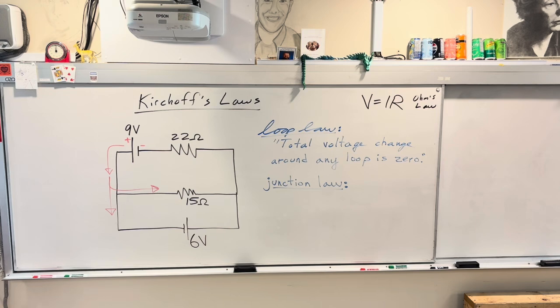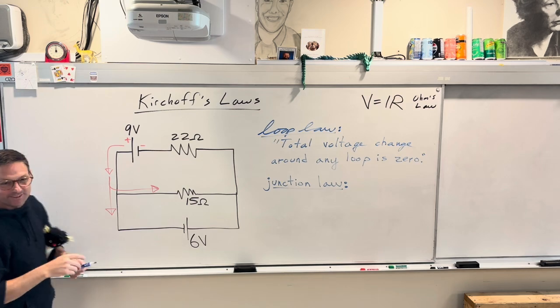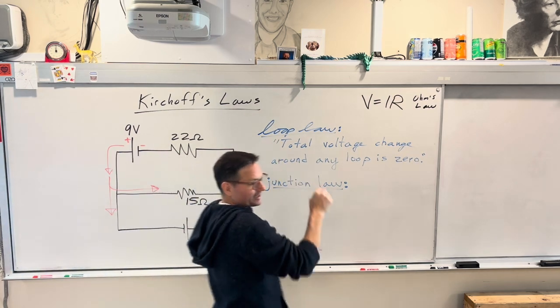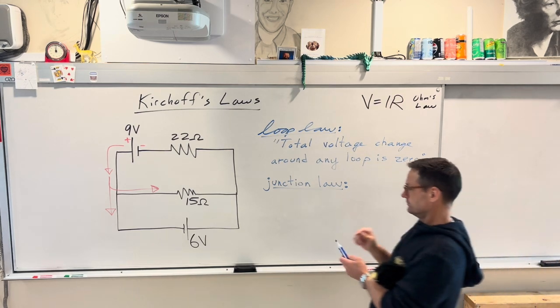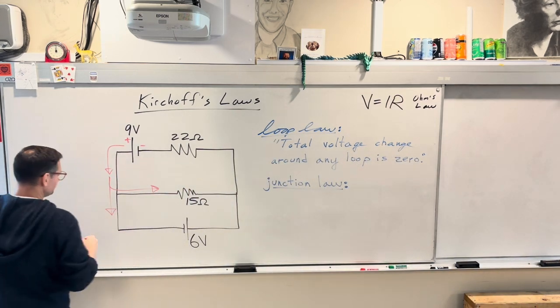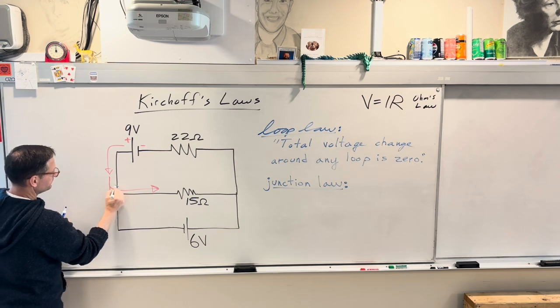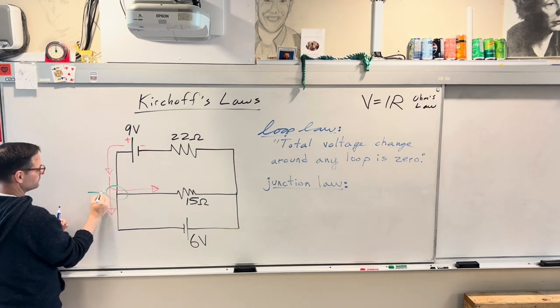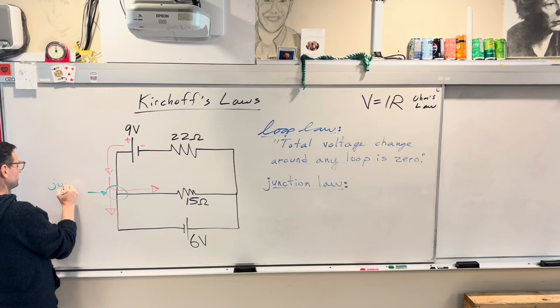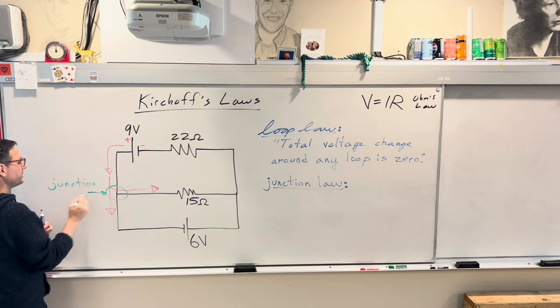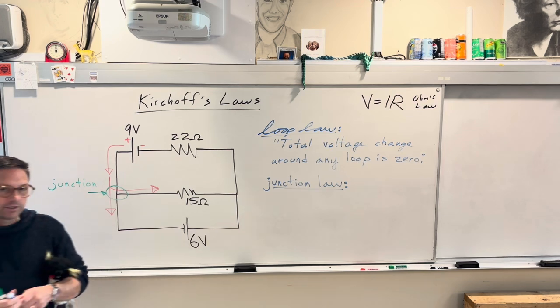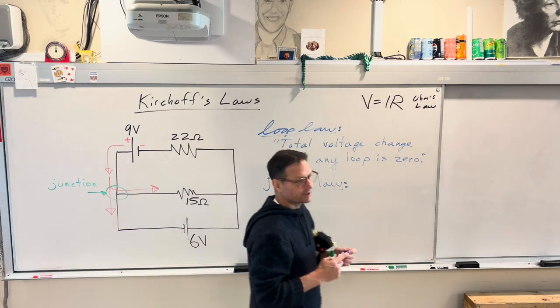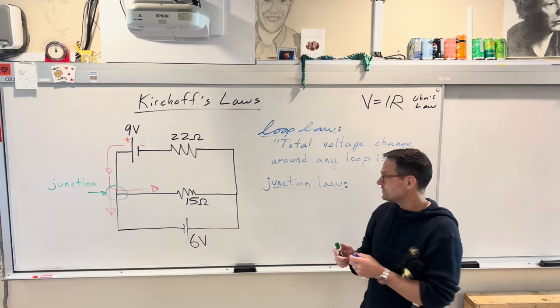I don't know. What part of this circuit do you think is a junction? When it branches off the corner. Good. So this right here is a junction. How many junctions are in this circuit? 2. Good. Do you think this law has to do with current or voltage? Yeah, this one is to do with current.